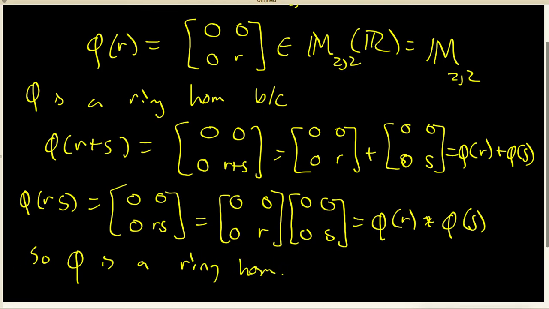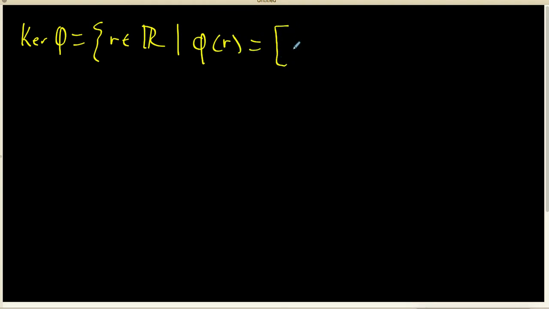But now I want to look at the kernel and the image of phi. The kernel of phi is going to be anything inside the real numbers such that phi of that anything is the 0 matrix inside M22, which looks like the 2 by 2 matrix that has only zeros as its entries. Well, let's see.